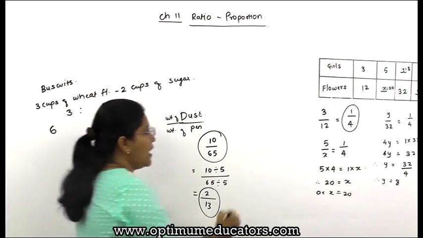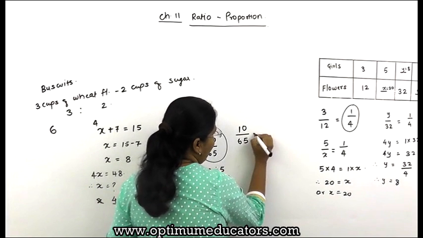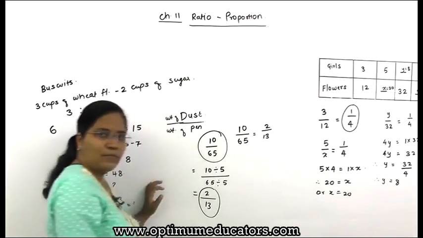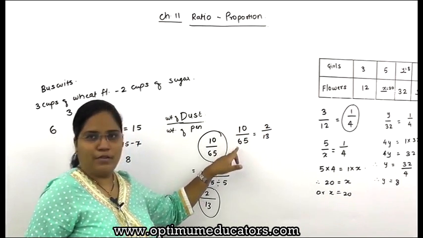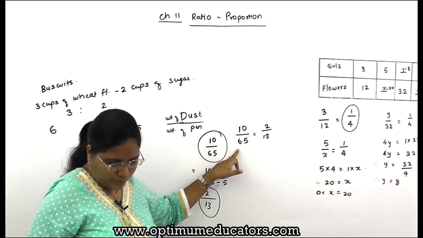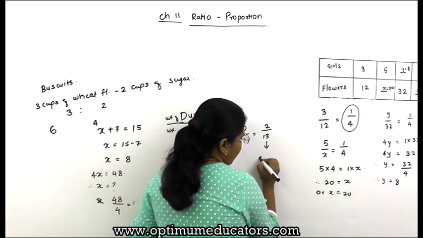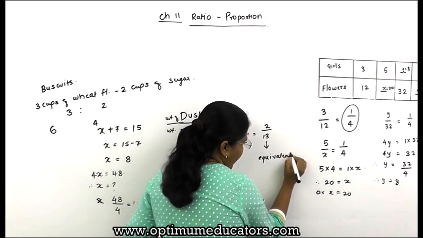In other words, 10:65 is equal to 2:13. This is the simplified version of this fraction, and it is also called an equivalent fraction.